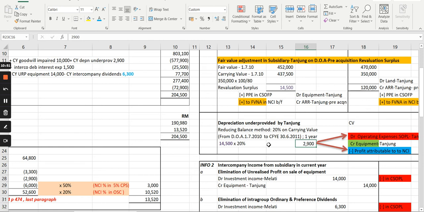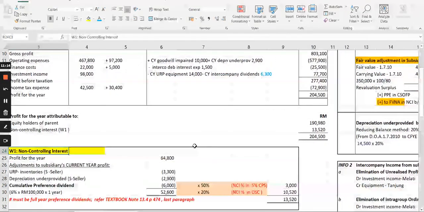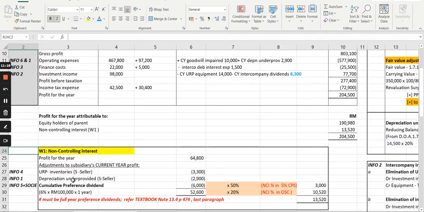I've already shown the calculation in our first video, which you can also see in the working here. I've also put my blue note here, that you need to deduct from the profit attributable to the non-controlling interest, because the subsidiary is the seller, so a portion of it is also shared by the non-controlling interest.